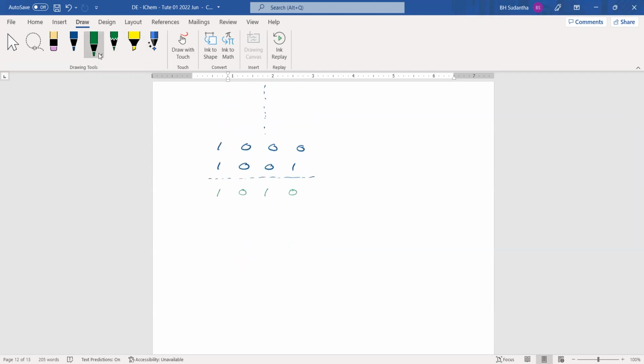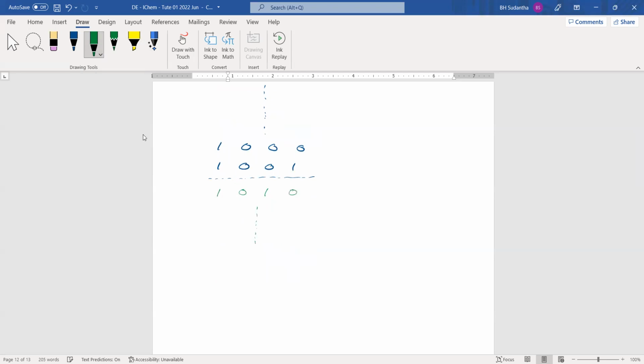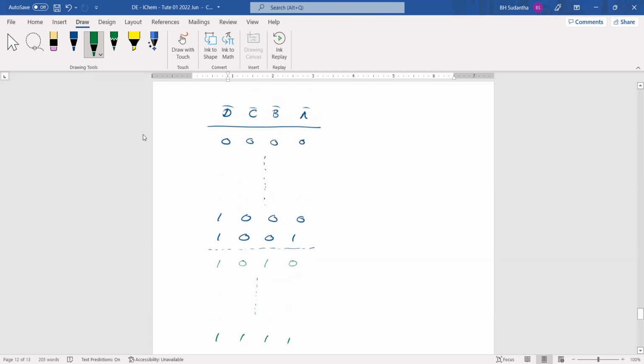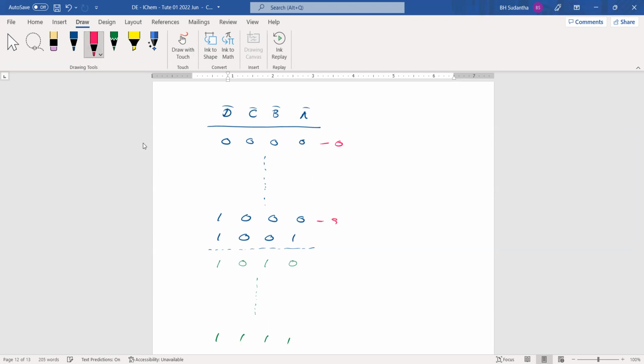Then after that, it goes like this up to 15. Okay, this is 0, this is 8 and 9, this is 10, this is 15.